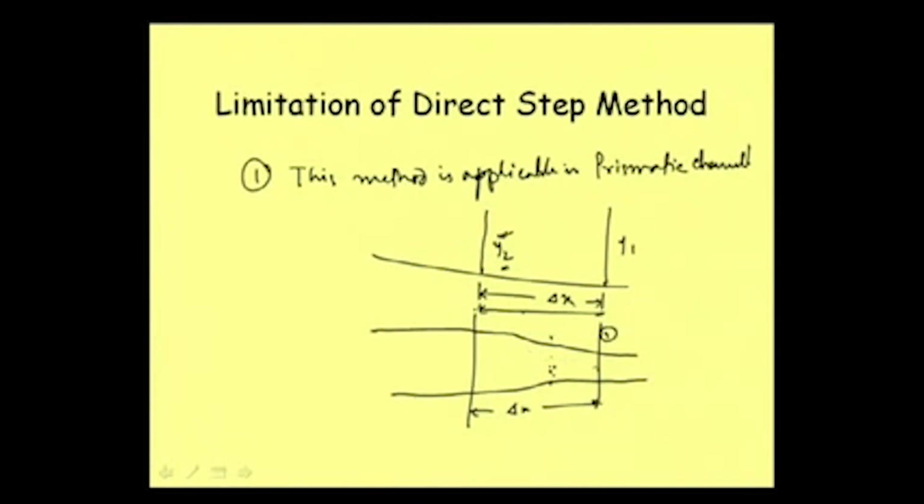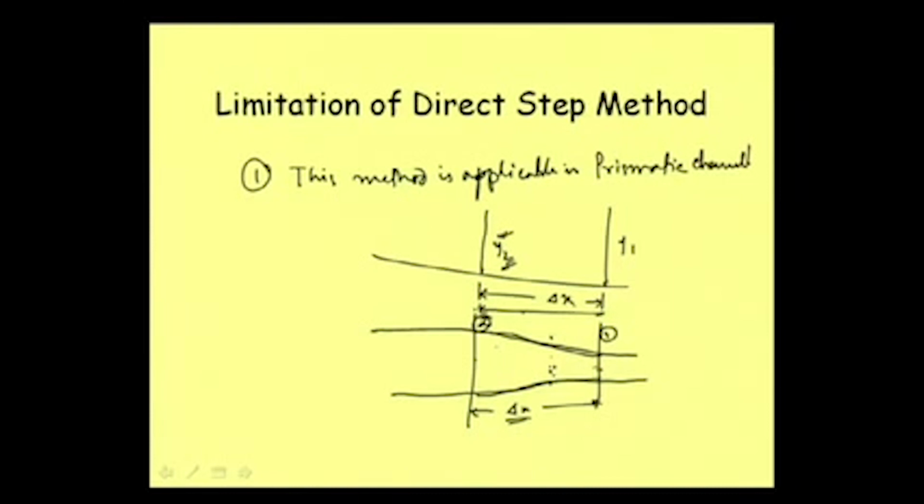We have computed this depth from 1 to 2, but as we did not know the delta x beforehand, we have ended up computing between two sections between which we cannot at all consider the channel to be prismatic. This is a non-prismatic type, and so the calculation we are doing will definitely be erroneous. So, this is one limitation.